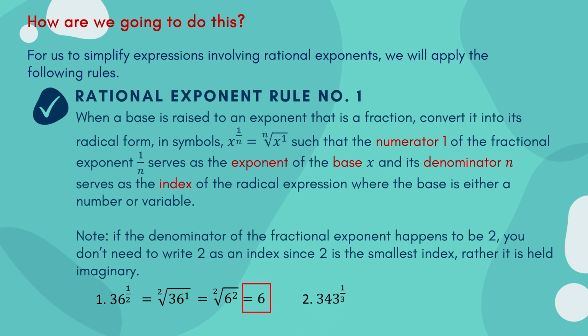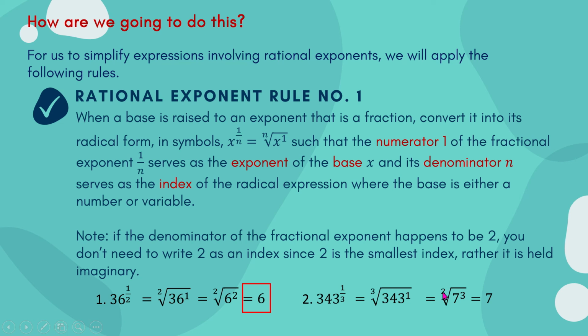Number 2, 343 raised to exponent 1/3. So, to do this, what number is inside the radical symbol? That is 343. That is the base. Then the exponent of 343 is 1. While the denominator 3 becomes the index. Next, express 343 as 7 cube.